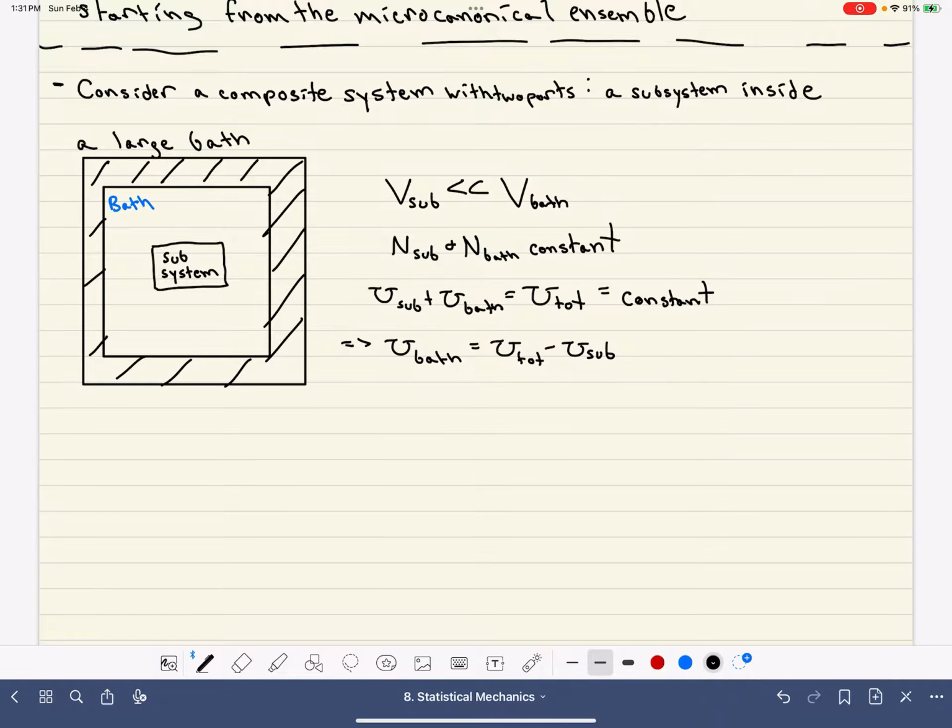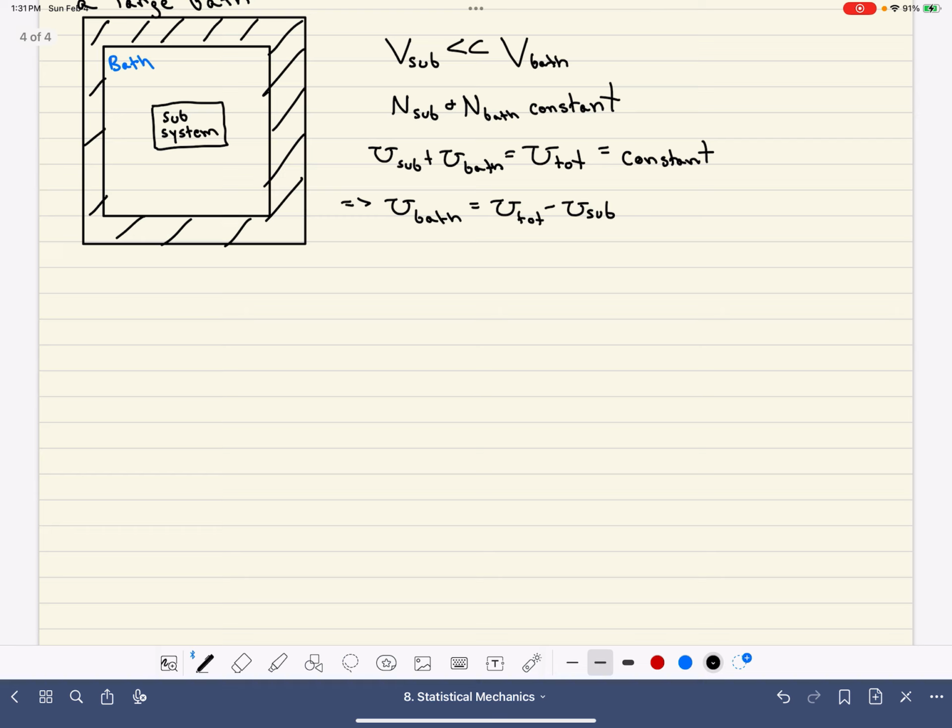Now what we want to do is develop a framework for determining if the subsystem is in some state J. So whether the subsystem has some sort of temperature or internal energy, we want to figure out if it is in that state.